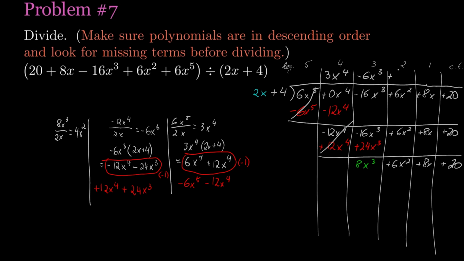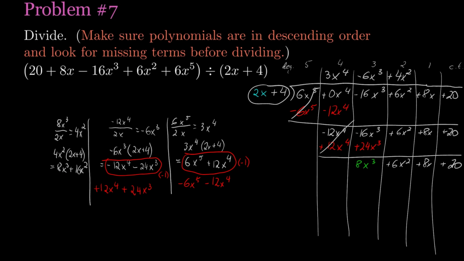That's of degree 2, and that's where we put it in the quotient area and multiply that newly obtained term of the quotient by the whole divisor, 2x plus 4, by distribution to get 8x cubed, and then plus 16x squared.